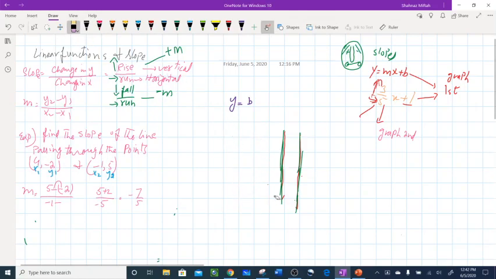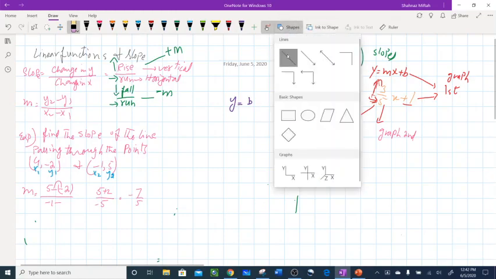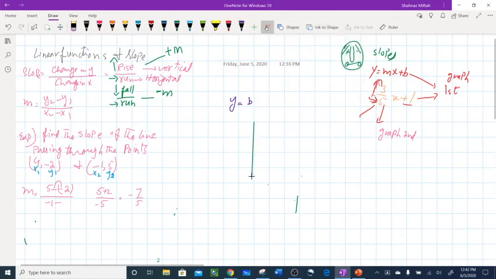I have to draw another one. There. So if I draw, for example, a vertical line, this is my vertical line.